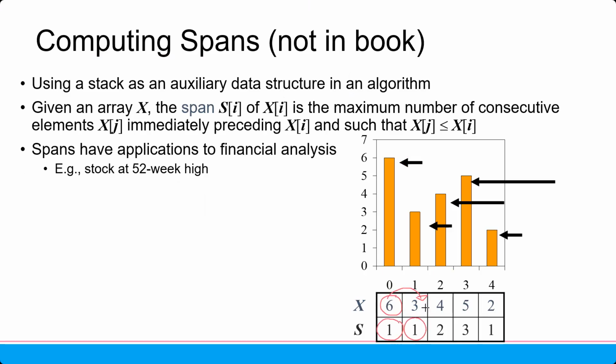But if the price is higher than the last data, so 3 and 4, 4 is higher than 3, then we will do the addition. Next, 4 and 5. 4 is lower than 5.